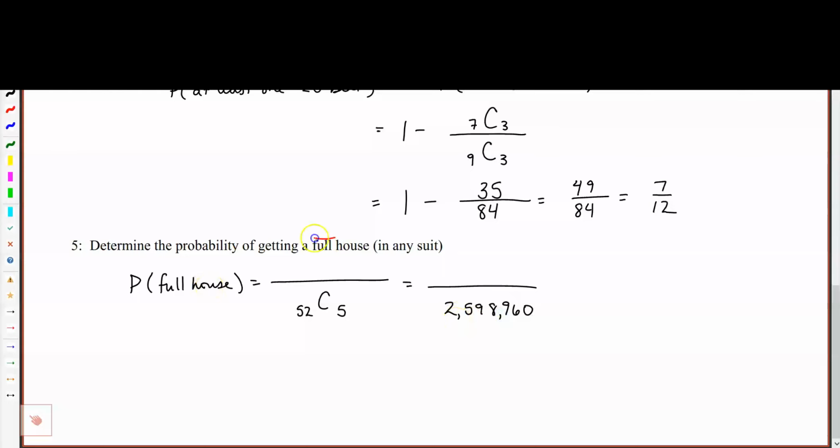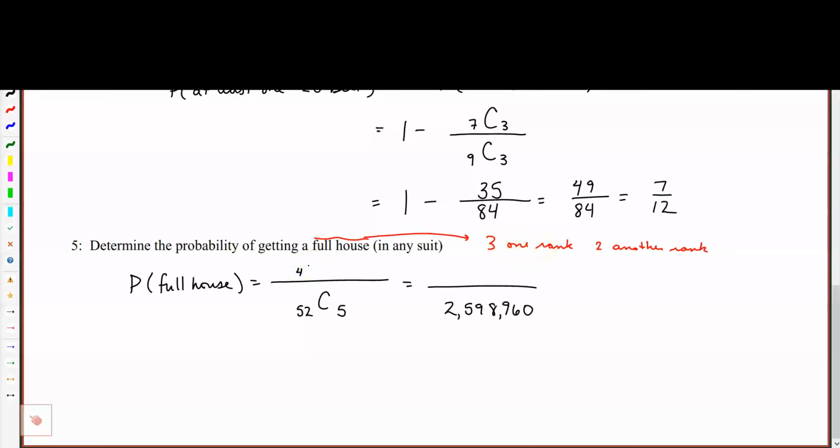Out of all those possibles, let's find out how many satisfy being a full house. As a reminder, for the full house, the requirements are that you have 3 cards of 1 rank, and then 2 of another rank. I think in our example previously we were talking about having, for instance, 3 10s and 2 7s or something like that. Let's take a look at the 3 cards of the 1 rank.